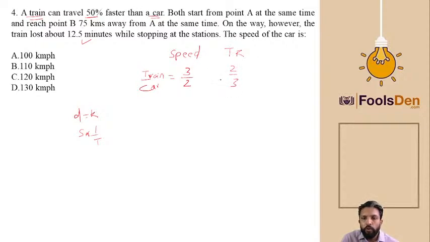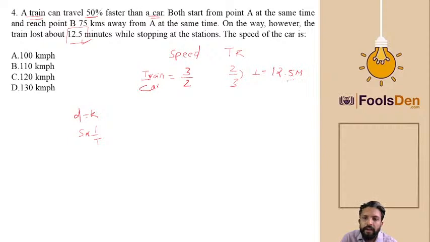If you observe closely, the train takes 2 units and the car takes 3 units. The difference between the times is 1 unit. That is nothing but the stoppage time, which is equal to 12.5 minutes. So 1 unit is equal to 12.5 minutes.